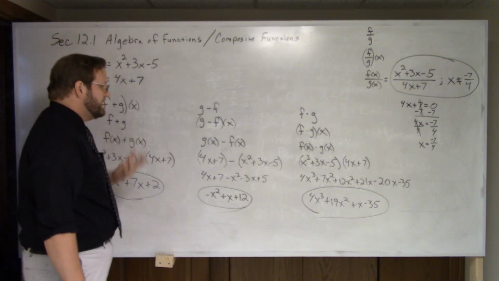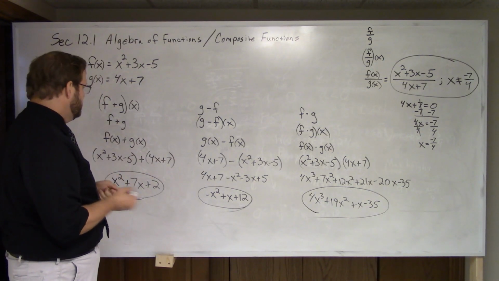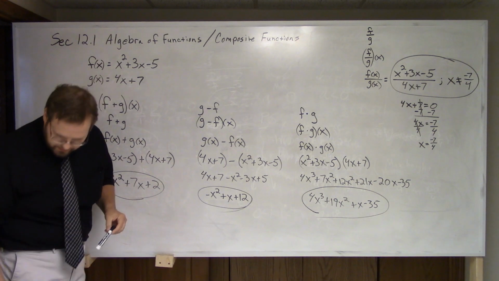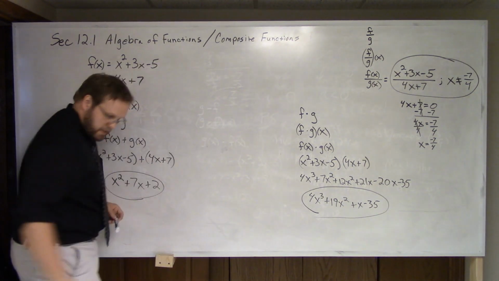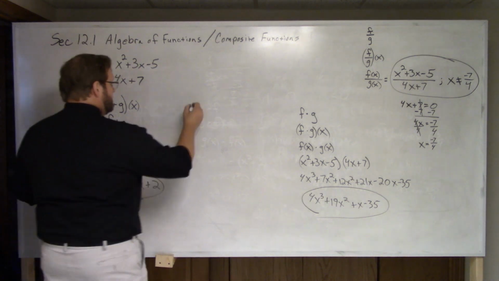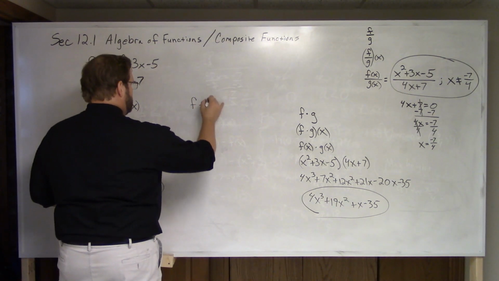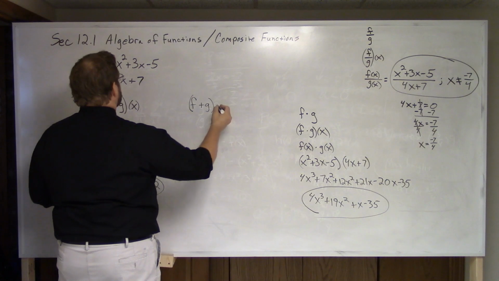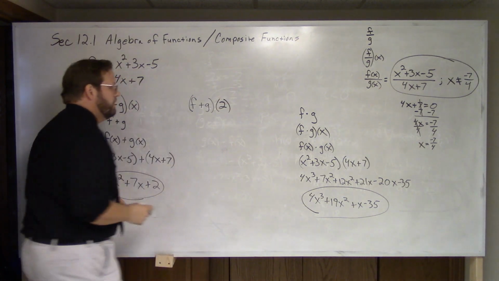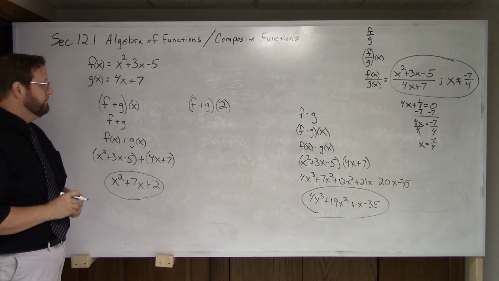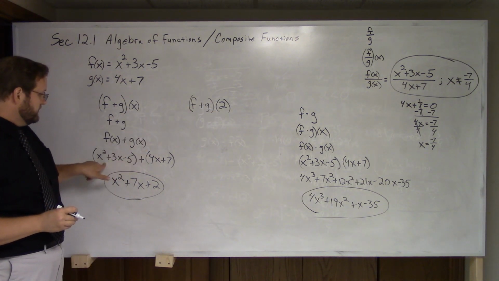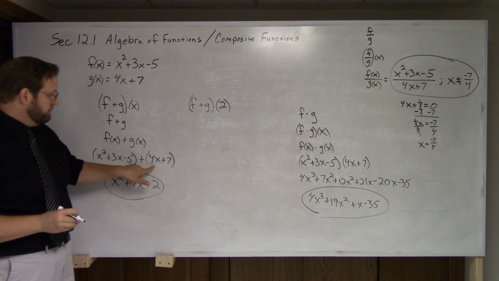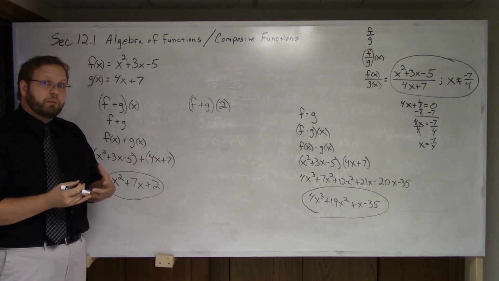Now, let's say they gave you a question like this, let me clean this one up. Let's say they did f plus g of 2. There's a couple ways you can go about this. You could take that 2, plug it into the f function, get a value for that, plug it into the g, and then add those two numbers.